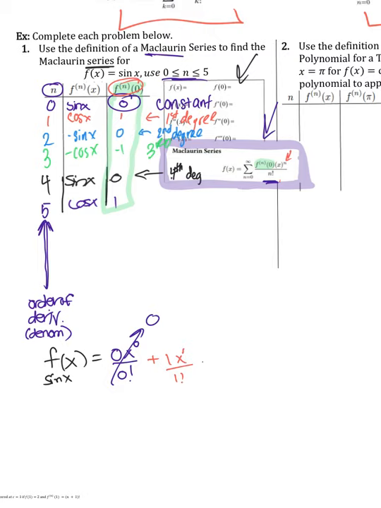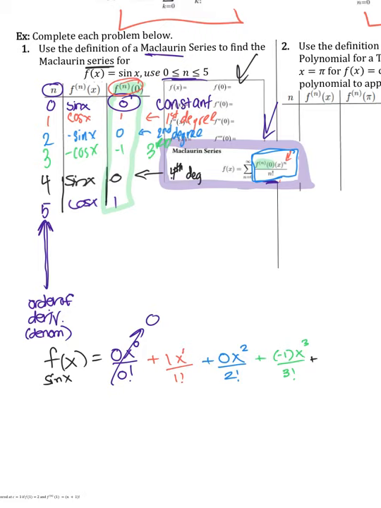Let's go to the third column. So again, everything I'm doing is just coming from right here in this box. So my third term is 0 times x squared over 2 factorial. And then down to my third row, plus negative 1 times x to the third over 3 factorial.